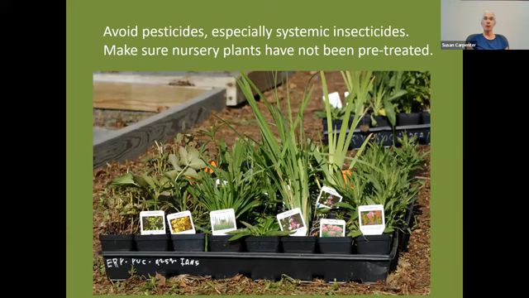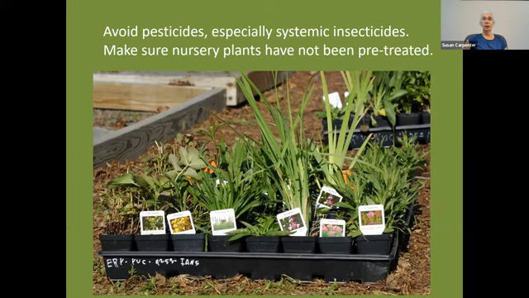Systemic insecticides can be used as a seed treatment or a soil drench. And of course, when those compounds go into the plant, they're taken up by the plant, they're in the tissue of the plant, and they're in the pollen and the nectar. We know that is detrimental to insects that are feeding on the plant, but it can also be detrimental to insects that are using the pollen and the nectar as well.